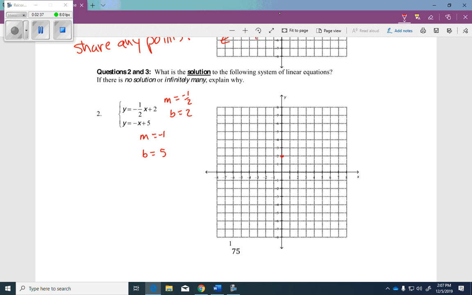First one, you start at 2, and it's negative, so go down and right. Of course, you could go in the other direction. You always have to label your lines. This is a negative slope also, goes down one, right one.